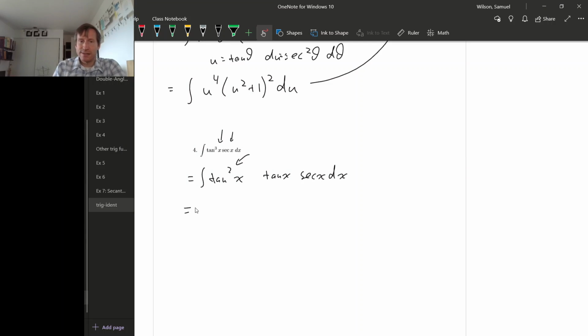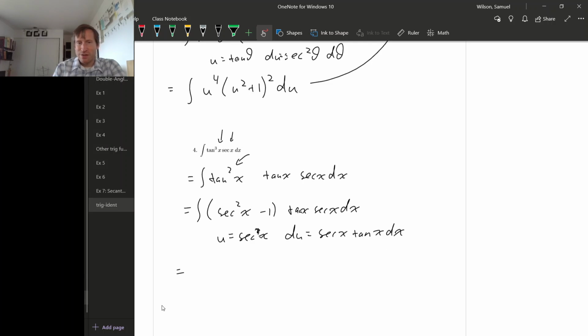So let's see. Turn the tangent squared into secants. Tangent squared is secant squared x minus 1 times tangent x secant x dx. Now we can do a U substitution where U is secant x, du is then secant x tangent x dx.